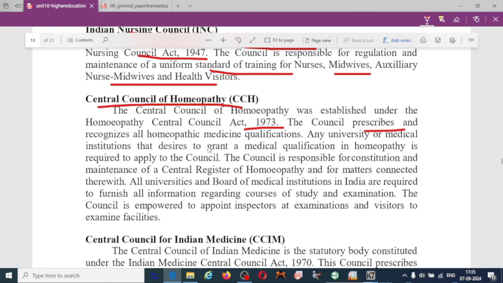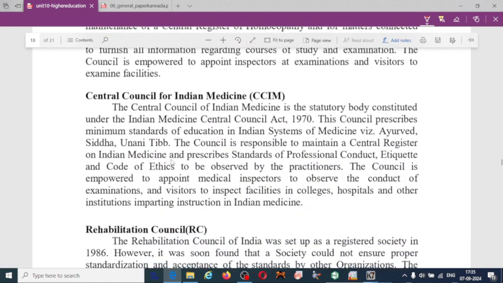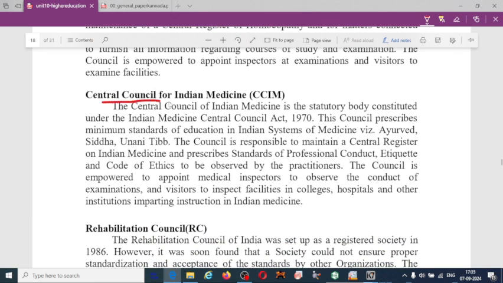The council prescribes and recognizes all homeopathic medicine qualifications. Central Council for Indian Medicine, CCIM, which was established in 1970, prescribes minimum standards of education in the Indian systems of medicine: Ayurveda, Siddha, Unani, Tibb.